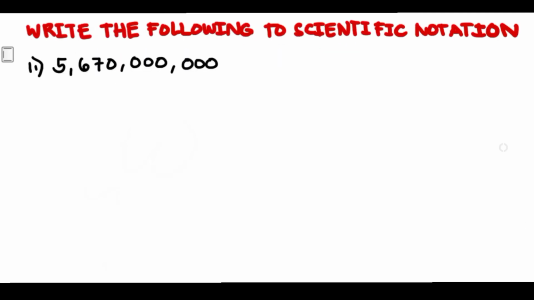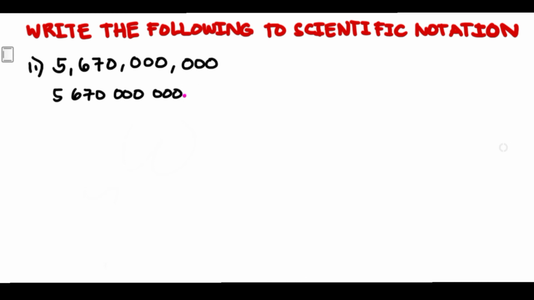Okay, so let's try answering. Write the following in scientific notation. Number 1 is 5,670,000,000. Yun po yung ating gagawin into scientific notation. Kinopya ko muna siya, and then first, since wala siyang decimal point, nasa dulo yun, lagay natin.